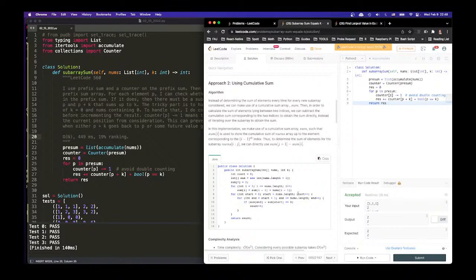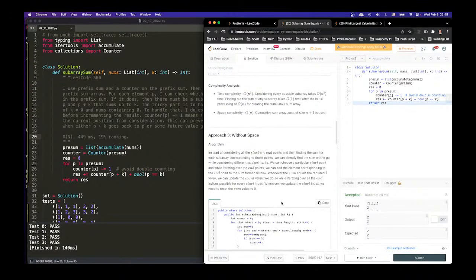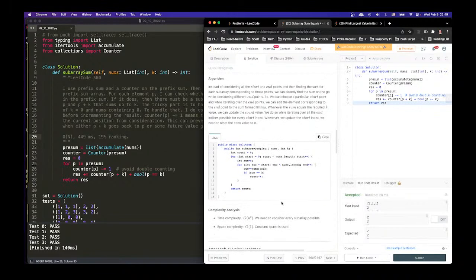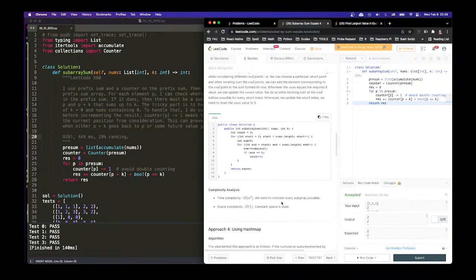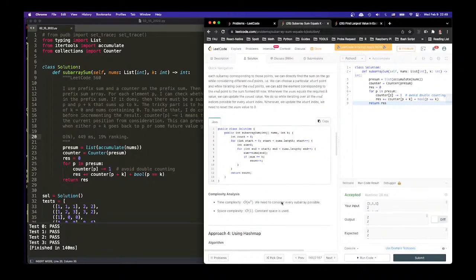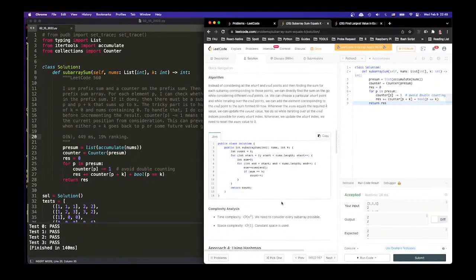Yeah, we get a cumulative sum, and then we do this without space. Hash map. Oh, what do you mean without space? Oh, we modify nums.